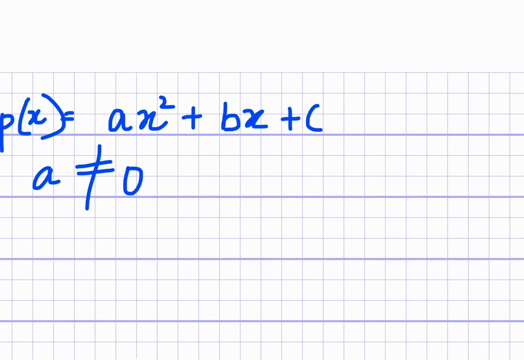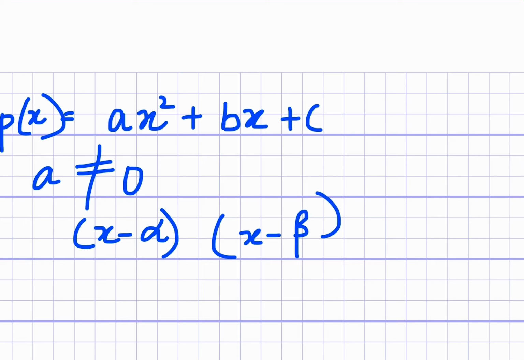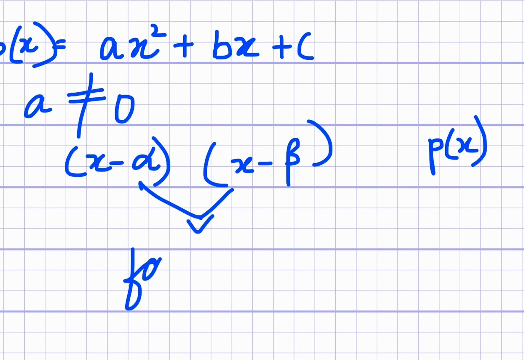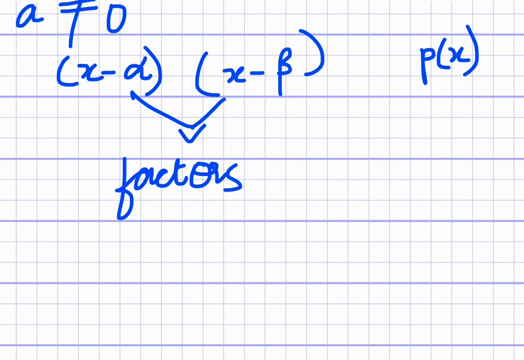And we know that x minus alpha and x minus beta are the factors of p of x. In the next video I'll show how, when we solve, we get these factors, and we can find the zeros according to that. So this is about the zeros of the polynomial.